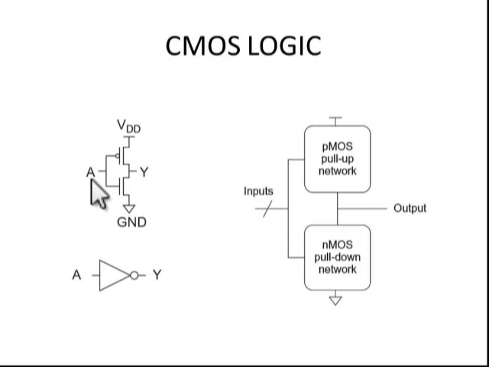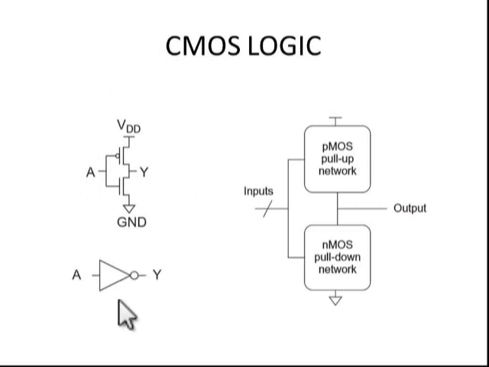When A is 1, Y is 0. Suppose if A is 0, PMOS is on and PMOS is connected to VDD and this VDD is passed to Y. Now output Y is 1. So when A is 0, Y is 1. When A is 1, Y is 0. So it acts like an inverter.